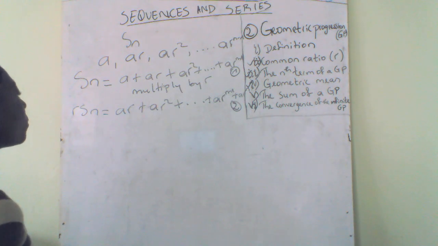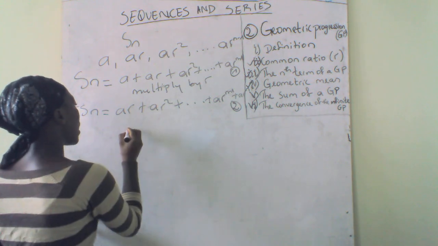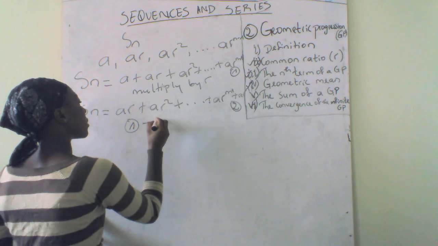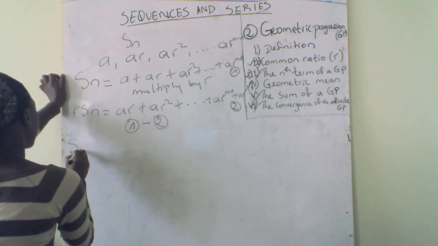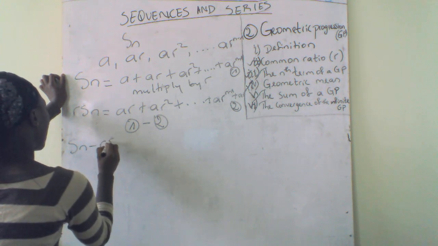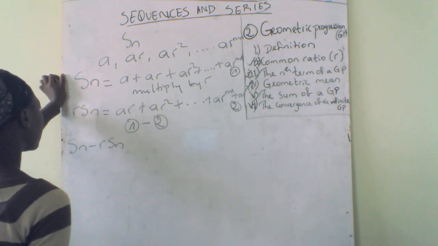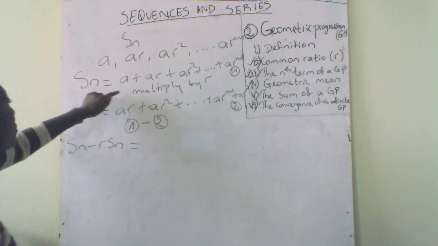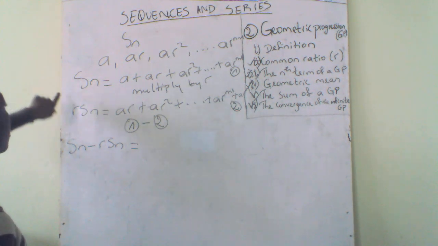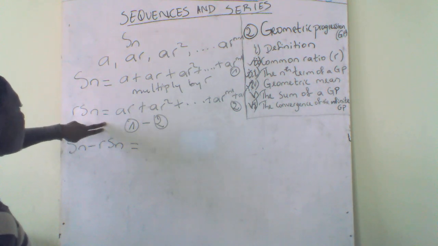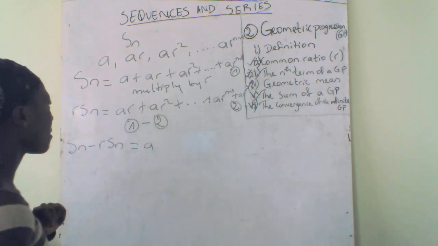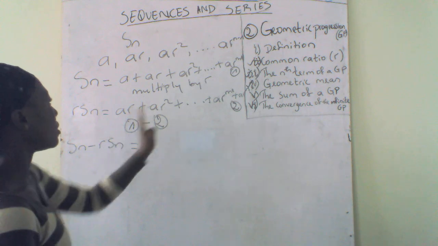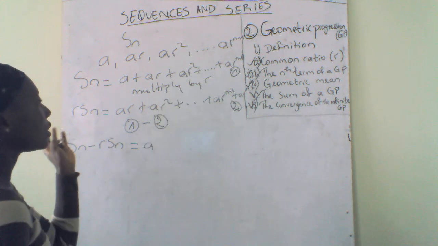So we can take this equation to be 1 and this to be 2. If I then do equation 1 minus equation 2, I'm going to have Sn minus rSn, which will be equal to a. I'll keep my a. ar minus ar is 0, ar squared minus ar squared is 0.